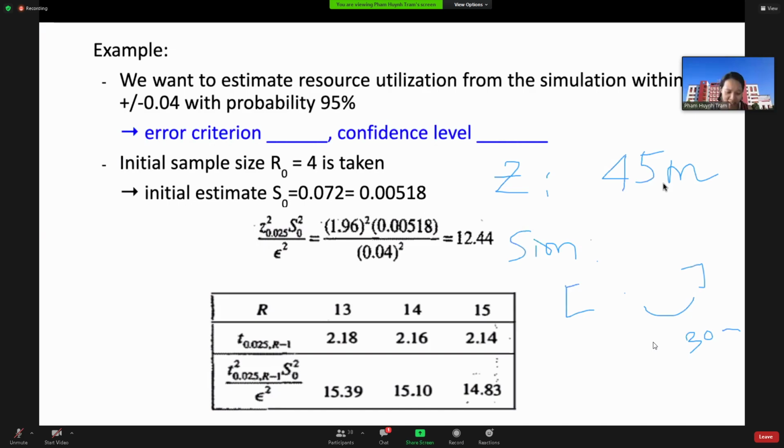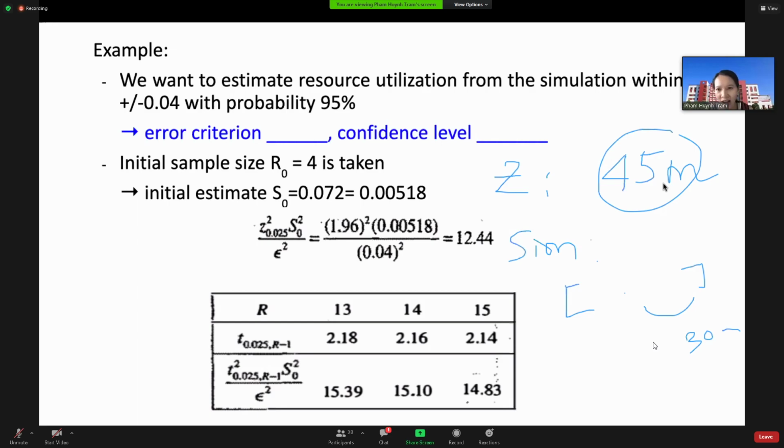And the manager says, wow, I cannot accept it. Your confidence interval is plus or minus 30 minutes. It's too large, because on average the customer already waits 45 minutes. So I expect your simulation result should give me the estimation with accuracy around plus or minus 5 minutes.